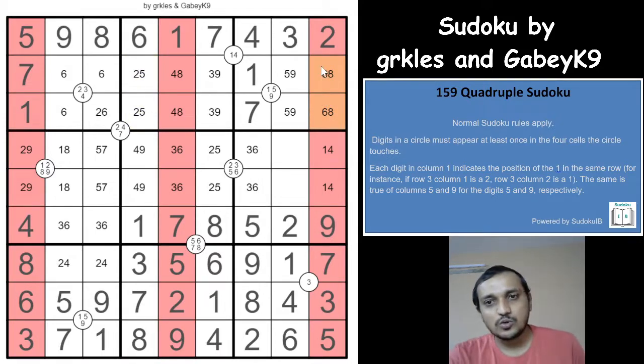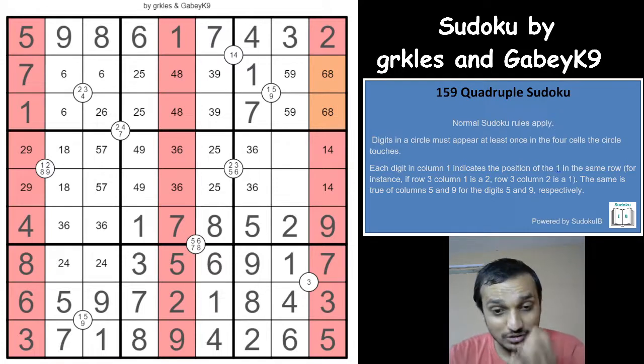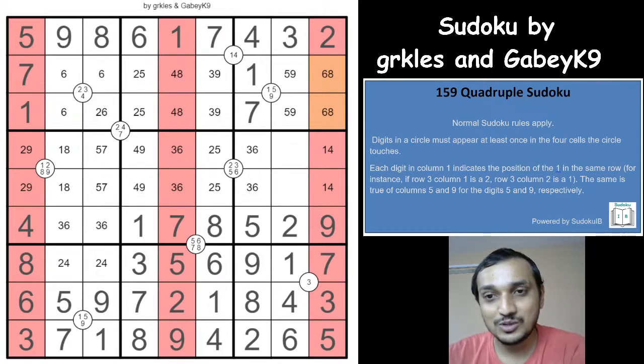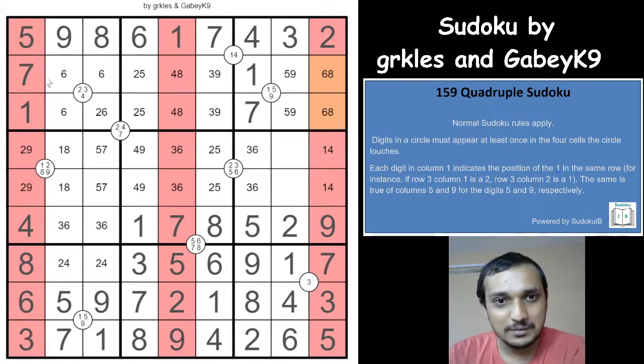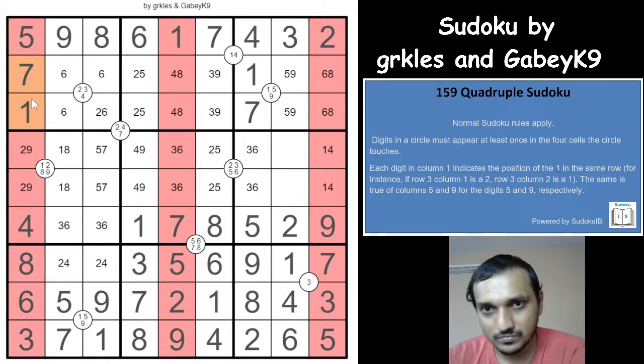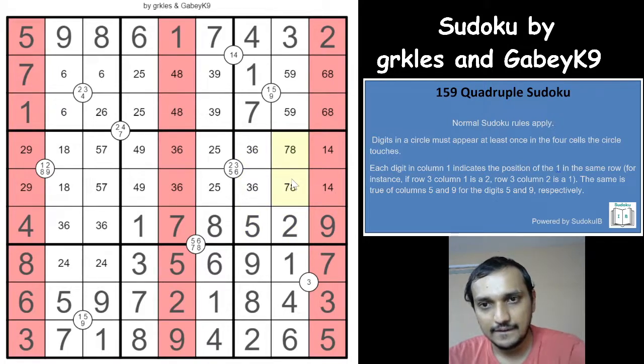Corner pencil marks could have helped me, but I am very bad at using corner pencil marks while online solving, so I really regret it, and I am really sorry that I broke this Sudoku twice just while solving it, so that's my bad here. This one gave you a 1 here, okay. Three, 6, 5, 2, 9, 1, 4 and 7 and 8, right?